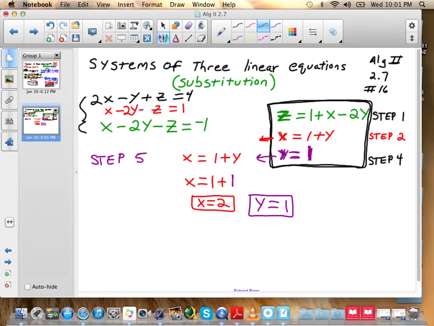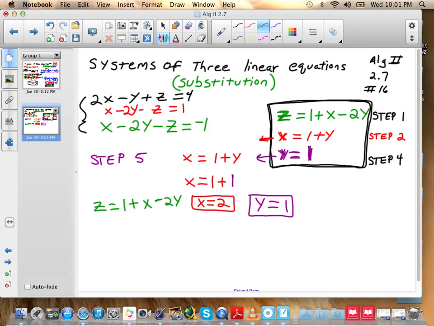We started with step 1 and solved for z, and now we're going to end with z. So all I'm going to do is take the original equation from step 1 and say z equals 1 plus x minus 2y.